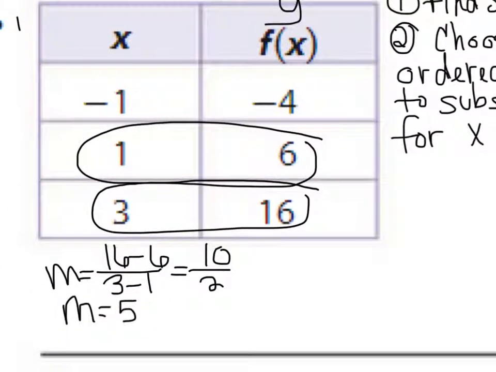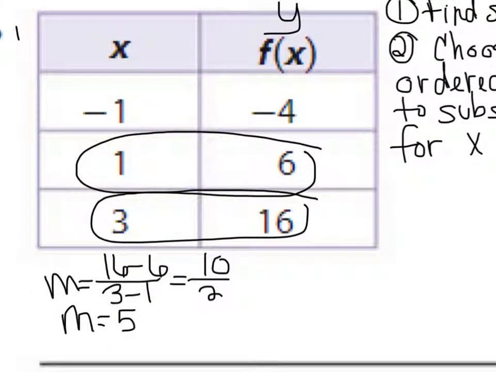So I've got 3 pairs to choose from. Again, my recommendation would be to stay away from negatives because it's just easier to make mistakes. So this time, I'm going to choose the middle pair here, 1 and 6.